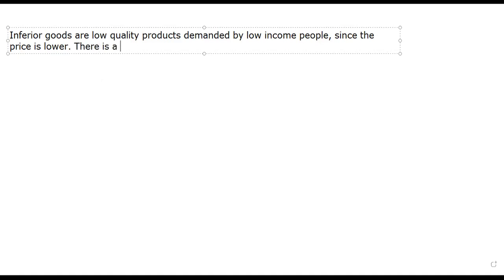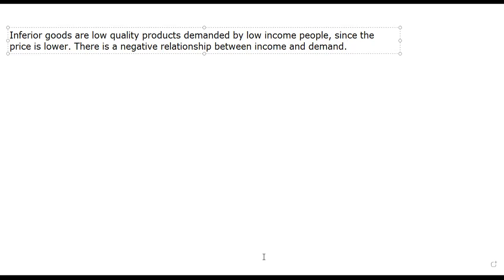There is a negative relationship between income and demand. There is a negative relationship between income and demand.